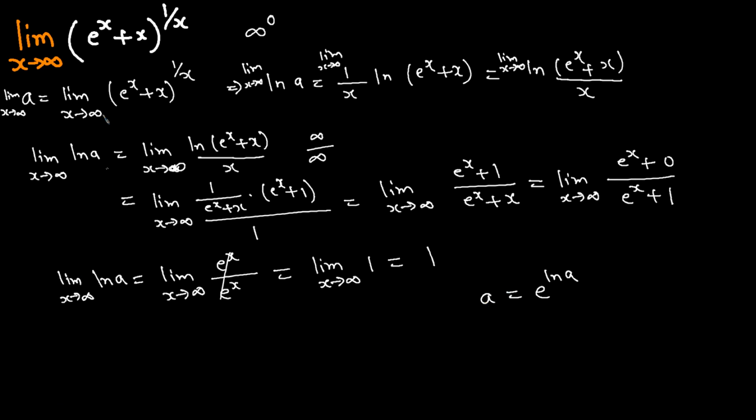because this is basically equal to a. So let's rewrite our original function, the limit as x approaches infinity of (e raised to power x plus x) raised to power 1 over x. We assumed this is equal to a, so this part is a.